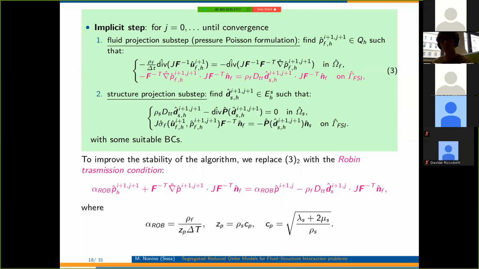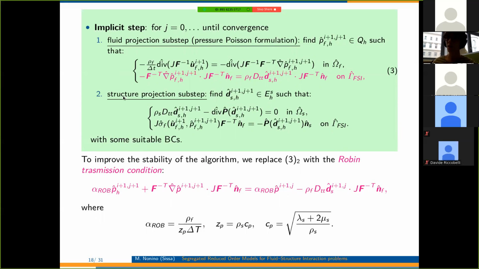So the reason is that if you use the Robin transmission condition in the pressure Poisson formulation, then you are improving the stability of this sub-iteration.